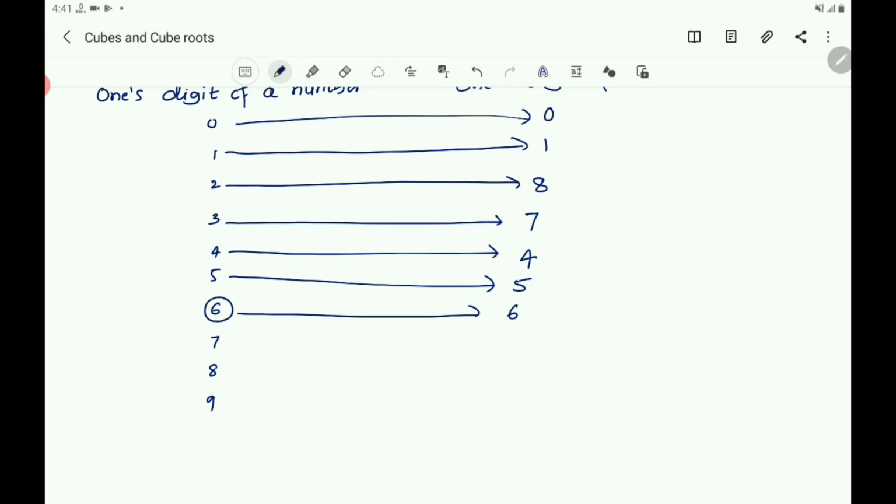Next, if a number has 7 in the unit place, its cube has 3 in the unit place.